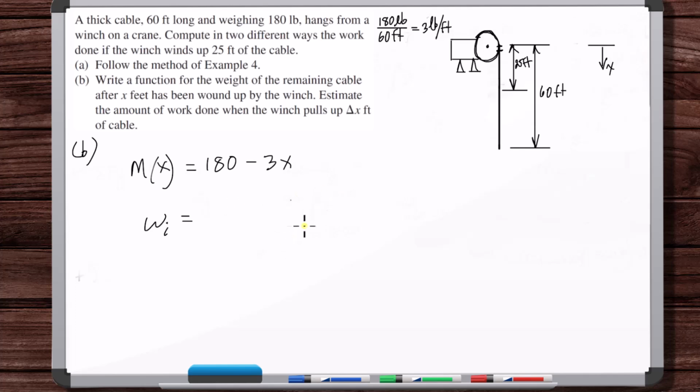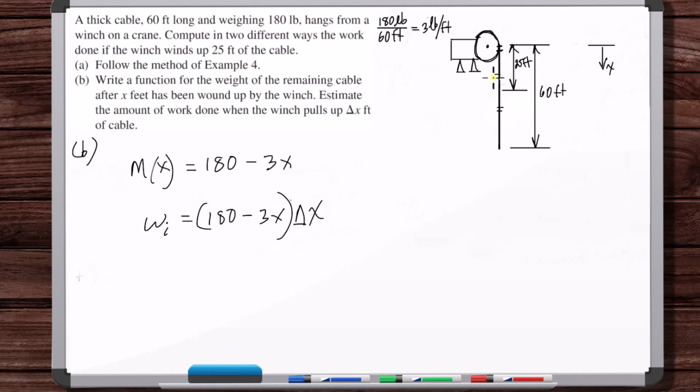So W i is what? It's just the weight as a function of x times delta x. And this makes sense because each piece is going to have its coordinate, right? This piece has its x coordinate. This piece has its x coordinate.